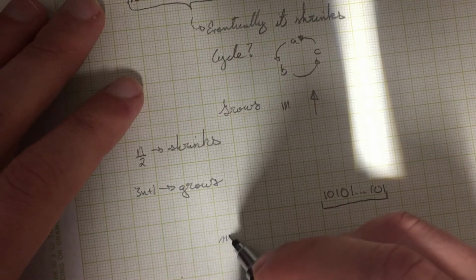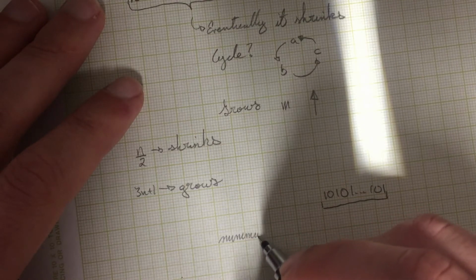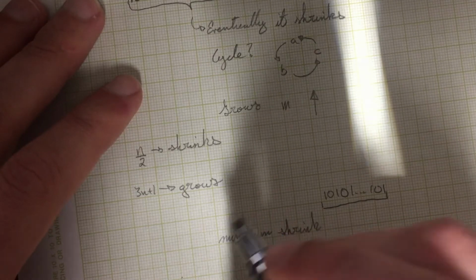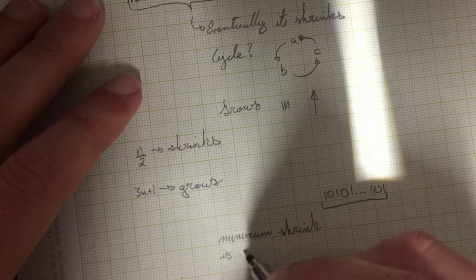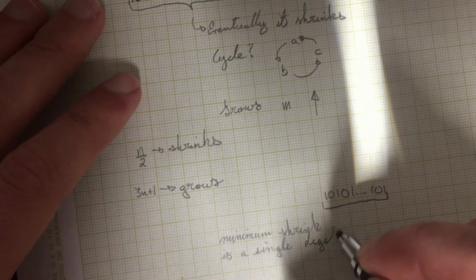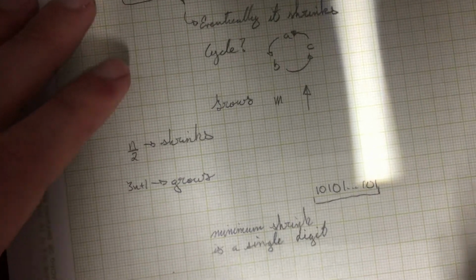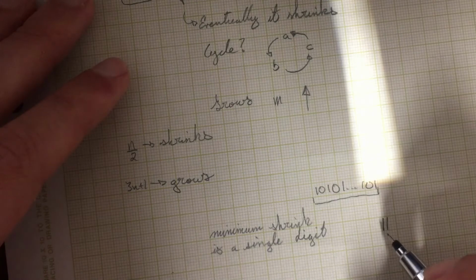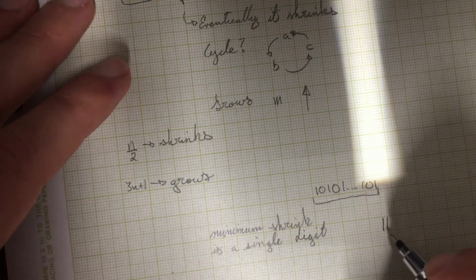So the minimum shrink is a single digit, right? So if my number starts with the pattern 1, 1, then I have only 1 zero here, right?